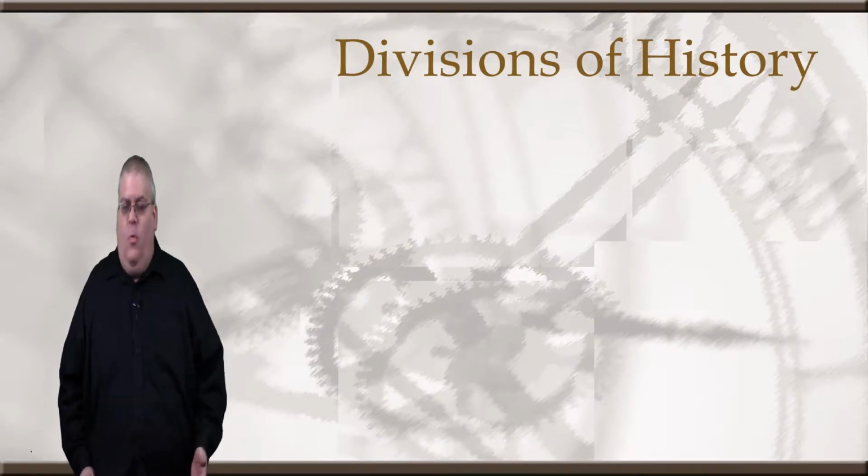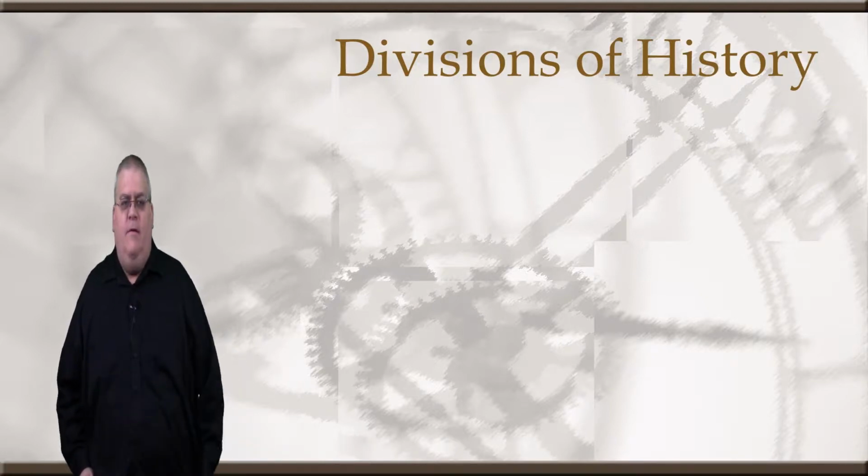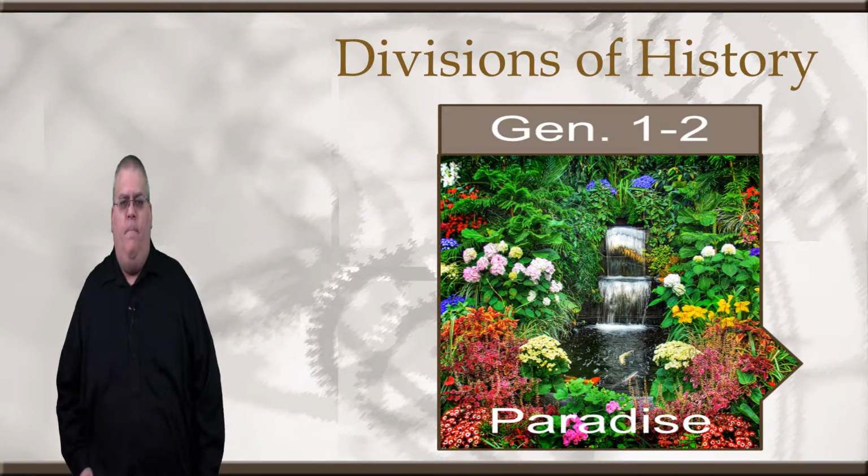And then another way to divide the Bible history is from one paradise to another. Paradise lost and regained. Now, in this division, Genesis chapters 1 and 2 are the first paradise, created perfect by God.